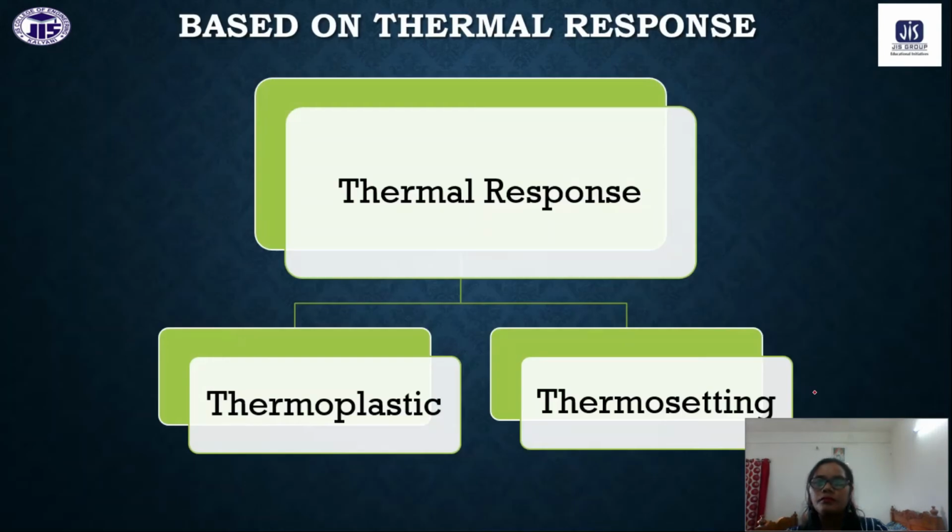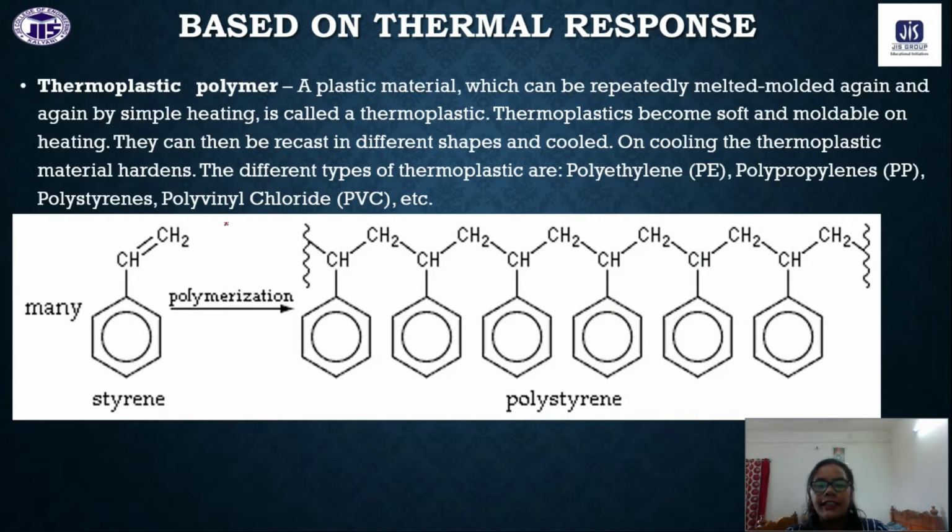As I told you, based on thermal responses there are two types of polymers, thermoplastic and thermosetting. Okay, so these are the thermoplastics. Generally in thermoplastic polymers we have very weak intermolecular forces, that is van der Waals force, very weak.